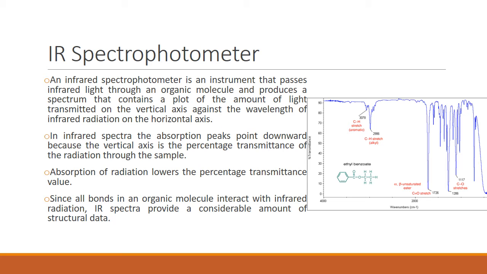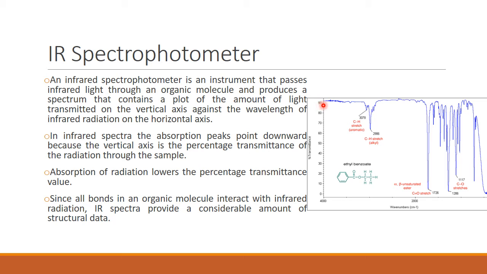Now for this spectrum, if the y-axis is transmittance as seen in the figure given here, it is the percentage of transmittance, going from 0 to 100%.